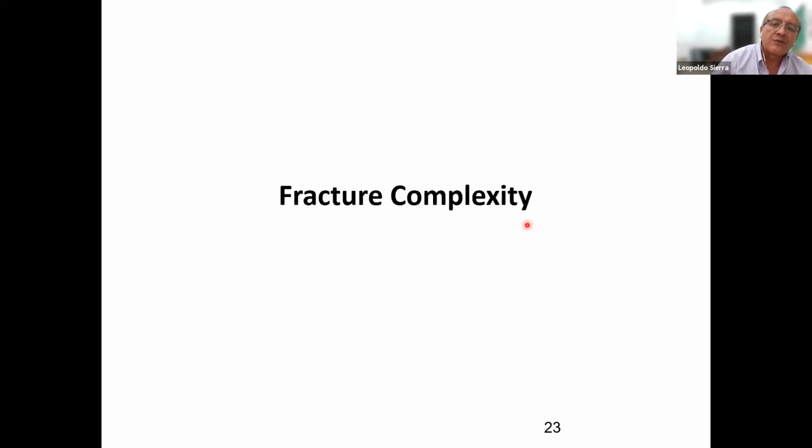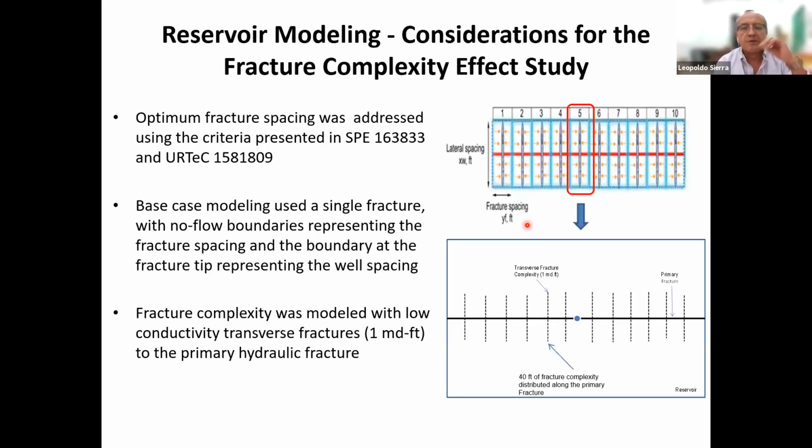So once we did the fracture spacing optimization, now we need to talk about the fracture complexity. This was really one of the topics of this presentation: is fracture complexity important or not in unconventional reservoirs?